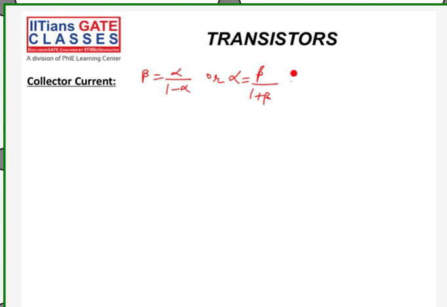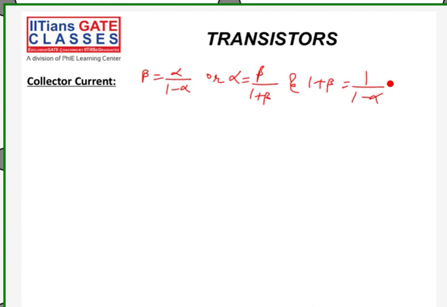And 1 plus beta is equal to 1 by 1 minus alpha. These three things I need to remember: beta equals alpha divided by 1 minus alpha, alpha equals beta divided by 1 plus beta, and 1 plus beta equals 1 by 1 minus alpha. We need to remember.